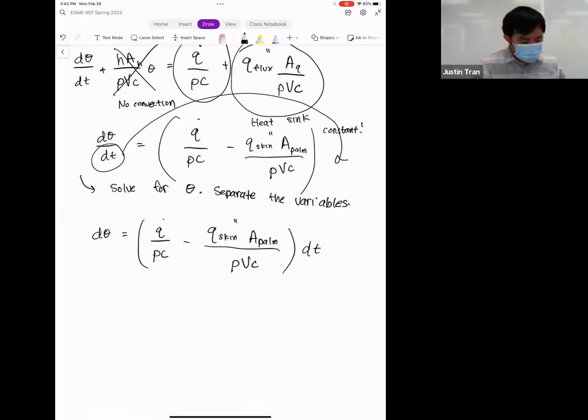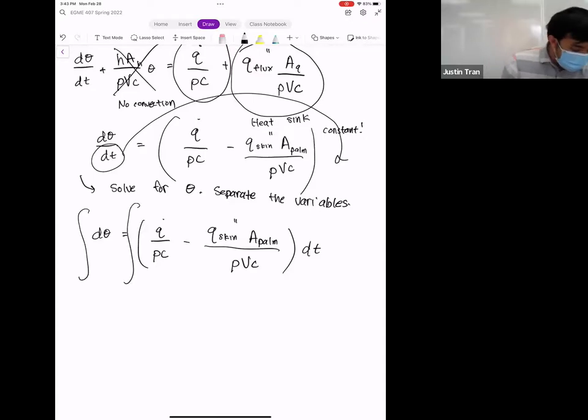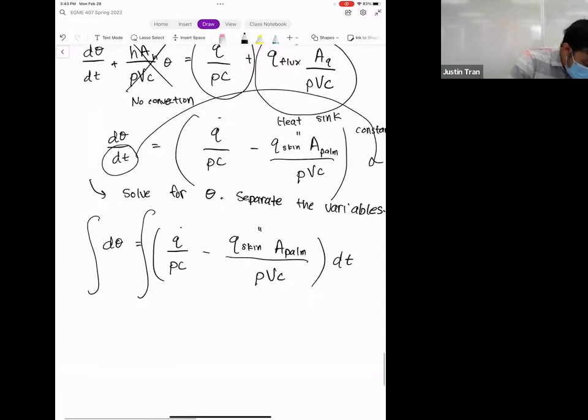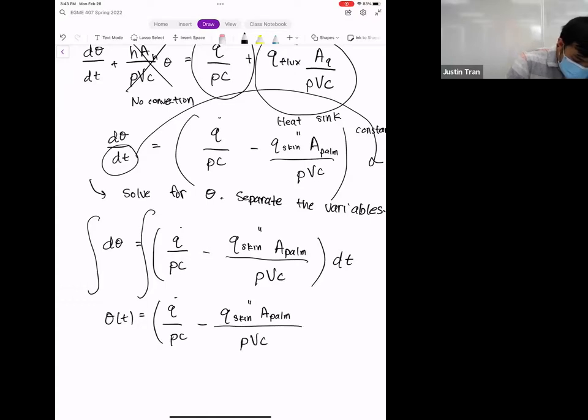Okay. And so what we can do is integrate this. On the left-hand side, we have theta of t. On the right-hand side, since all this is a constant, when we integrate this, we end up just multiplying the whole thing by t.